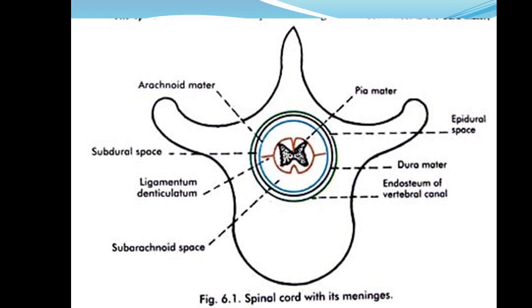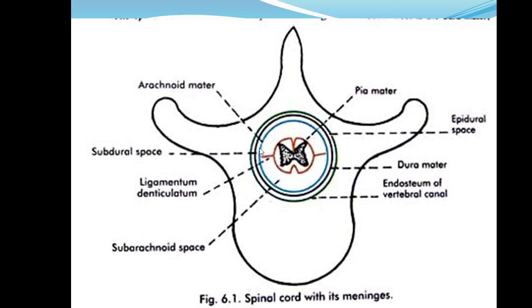Here in this line diagram, you can see the spinal cord surrounded by the pia mater, then the arachnoid mater and the dura mater. Between the pia and arachnoid is the subarachnoid space.